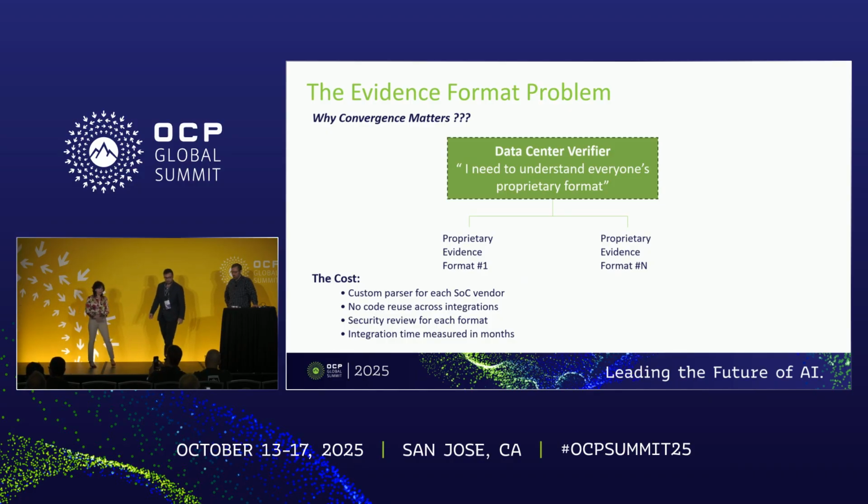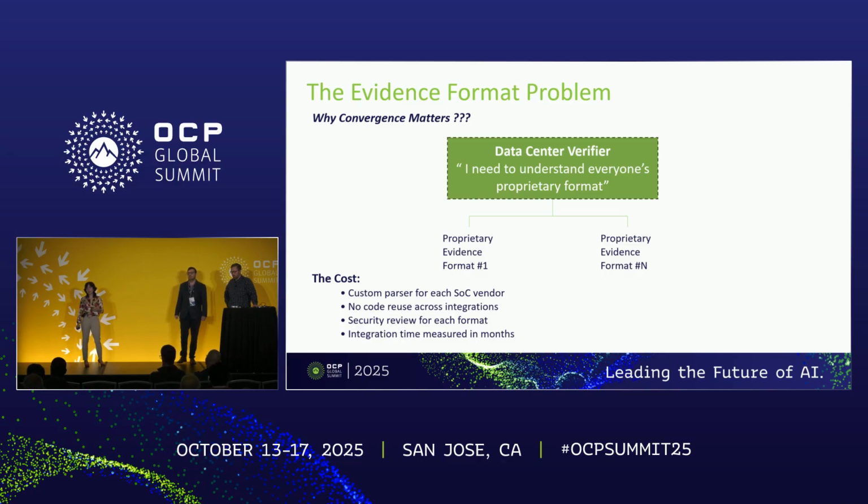Thank you so much. Actually, the purpose of our working group and our proposal is, as everybody knows, in the industry, we have a dilemma that every SoC vendor has their own format for platform attestation and confidential computing attestation. Because of this fragmentation of the evidence format, it's very hard for CSPs and verifiers to verify every different format that SoC vendors are offering for their attestation.